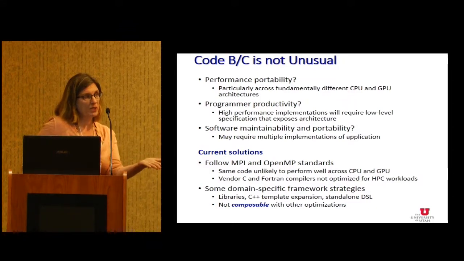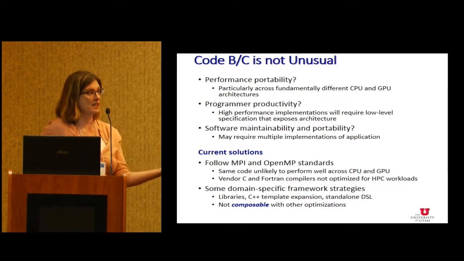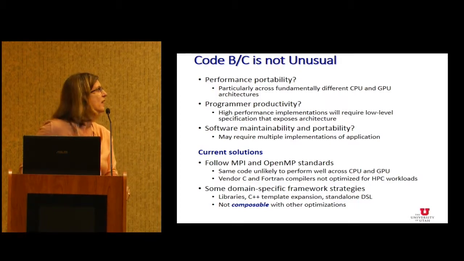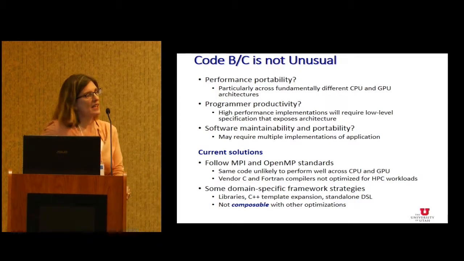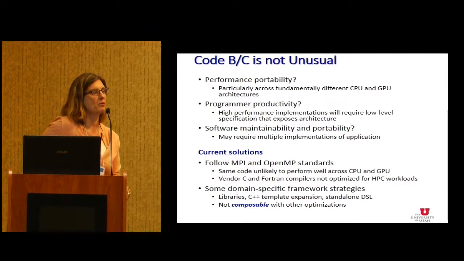And that was part of Rich Gerber's message yesterday about KNL requiring a significant rewrite to just get back to the Haswell performance. And it's also the message of the talks just before this one. So that means that your code, even if it's portable from one architecture to another, is not performance portable. You're not going to get good performance with the same piece of code.